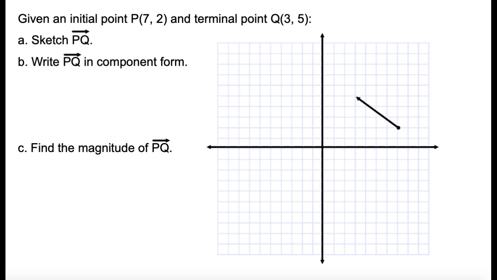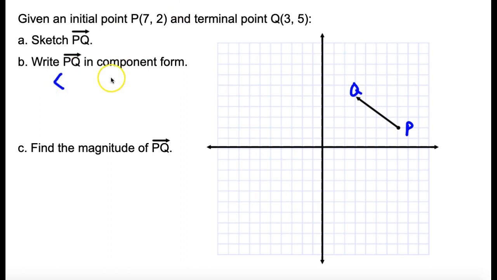So the vector would look something like that. And they gave us names for the points. This is P, and this is Q. So there's our sketch.